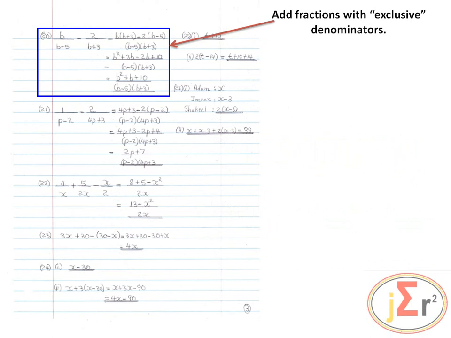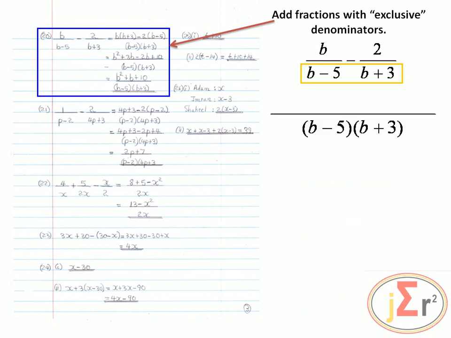No problem here. We will continue to add those fractions with exclusive denominators. Common denominator will be the product of those two denominators.